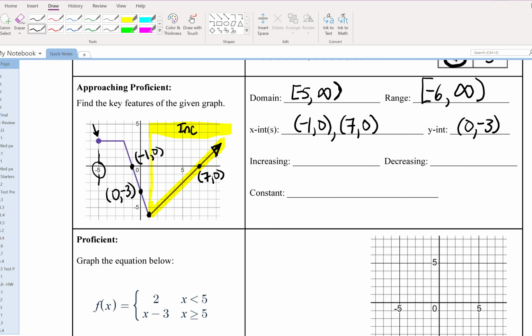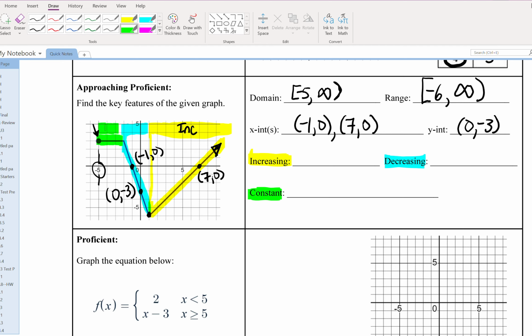This is increasing. Let's come over here and mark that too. The color helps. Decreasing. It's decreasing from here down here. So this is decreasing. And then constant. Where is it just not going up? It's not going down, but staying level. And that would be constant right there.